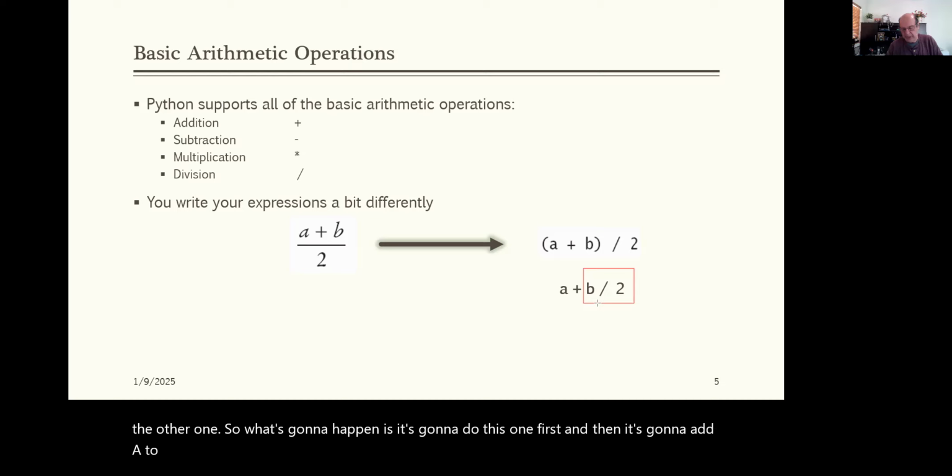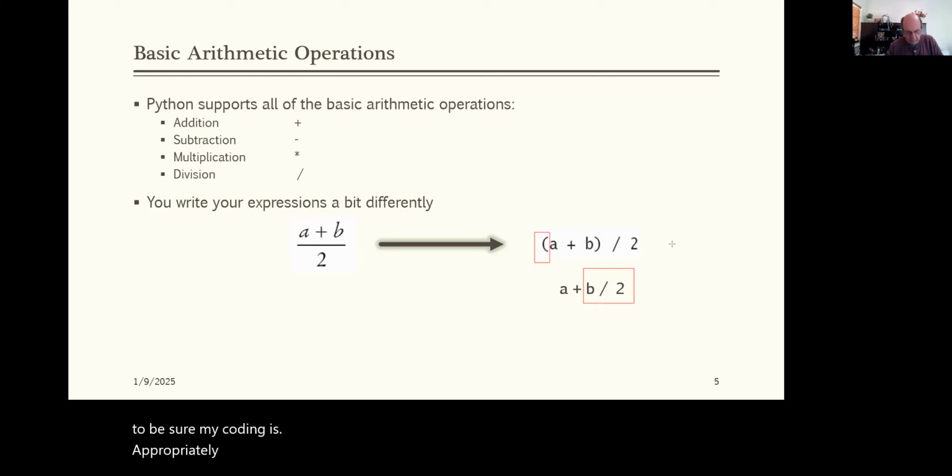So we have to be careful with these things. I would use parentheses as much as possible to be sure my code is properly readable. One of the things we have to emphasize is that our code is readable, so we have to consider that as well.